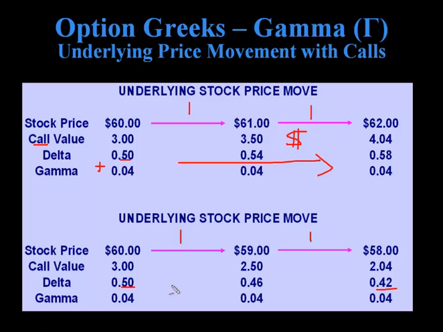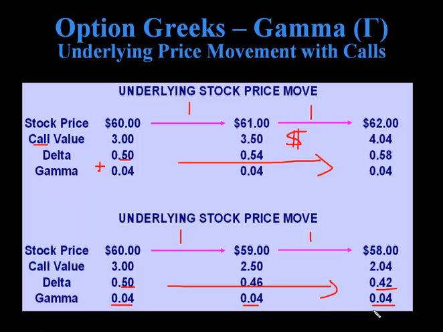So here, as the stock price goes down in price, you're losing money at a slower rate. Notice here that the delta went from 50 to 46 for that $1 move, and here it goes from 46 to 42 for that $1 move. Gamma is constant at 0.04.